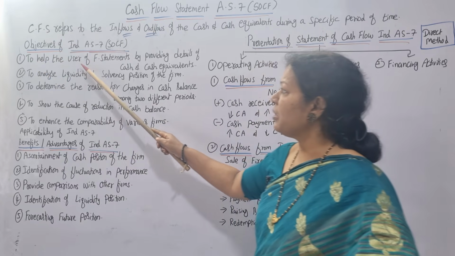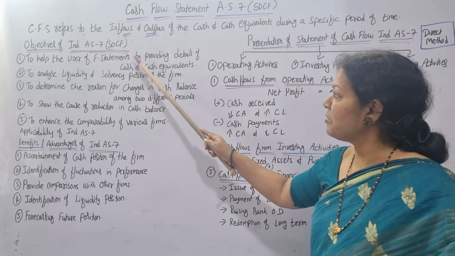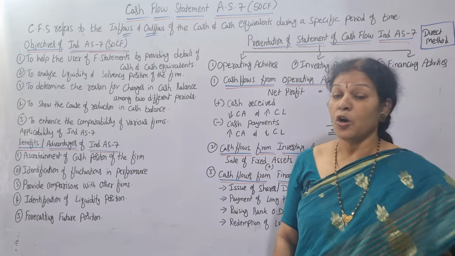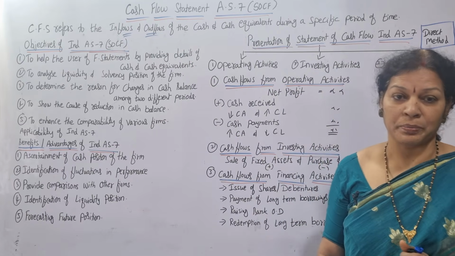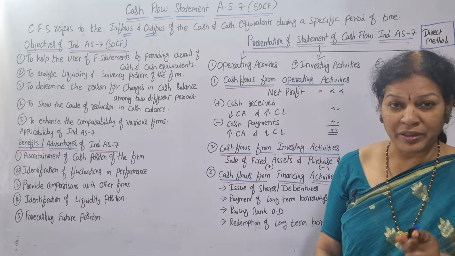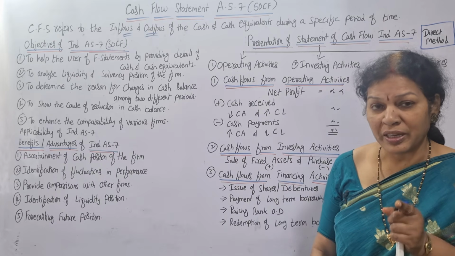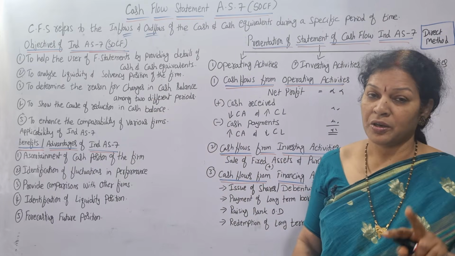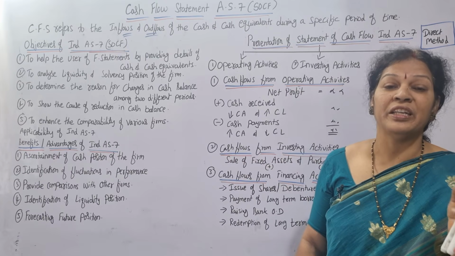First one is to help the users of financial statements by providing details of cash and cash equivalents. Whoever is using the financial statements, for them the cash flow statement is going to be helpful to understand the cash and cash equivalents. Both information we are giving in depth.